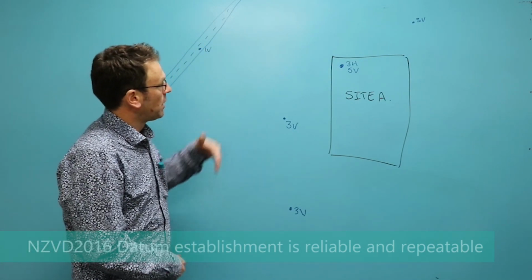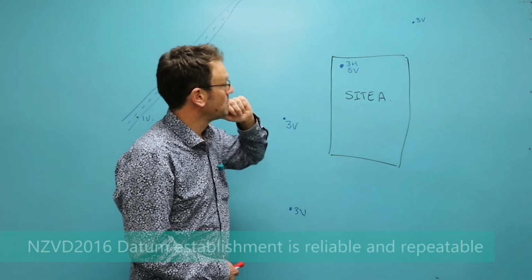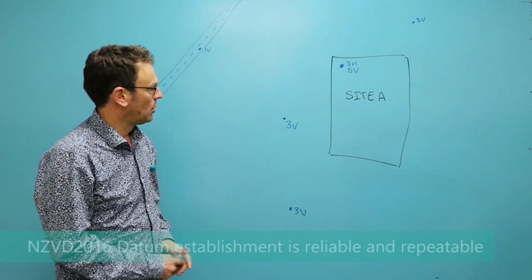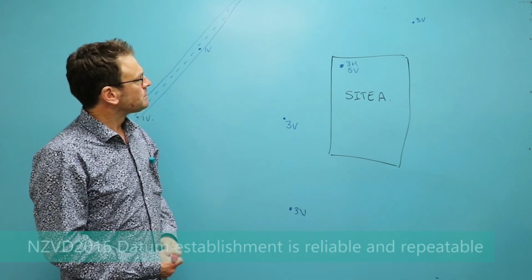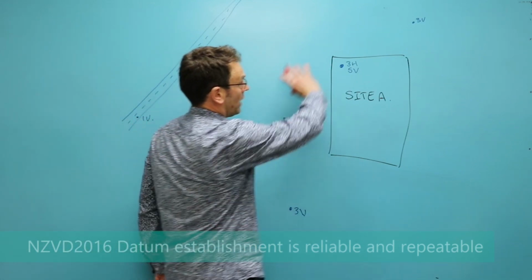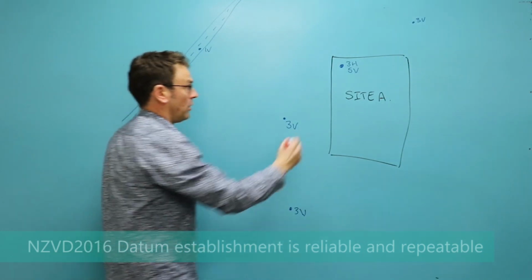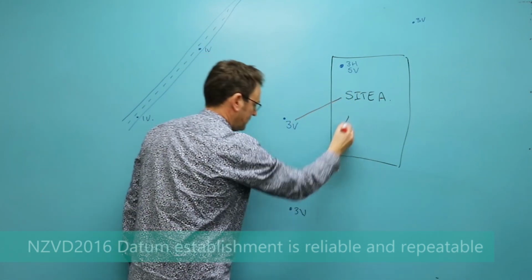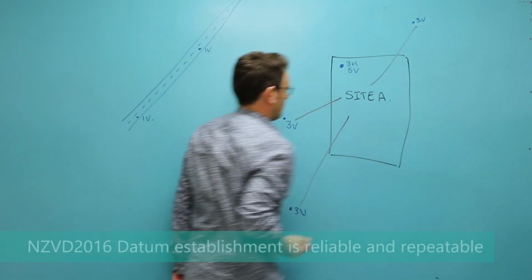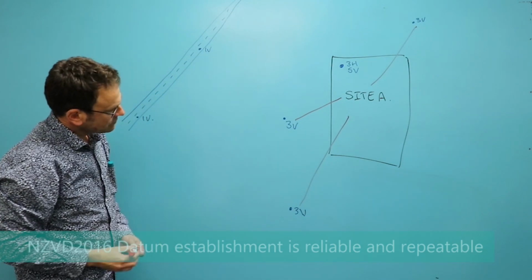But perhaps you have to spend a bit more time doing this job, or maybe you've got a bit more budget. And so you go out and you find some of these third order marks and you build up a bit of a network of measurements from your site onto these third order marks.